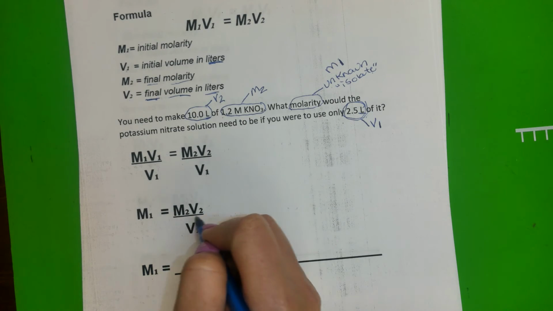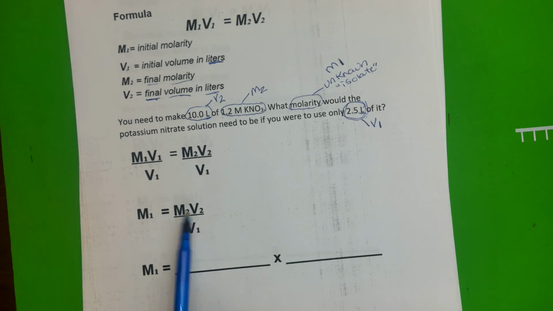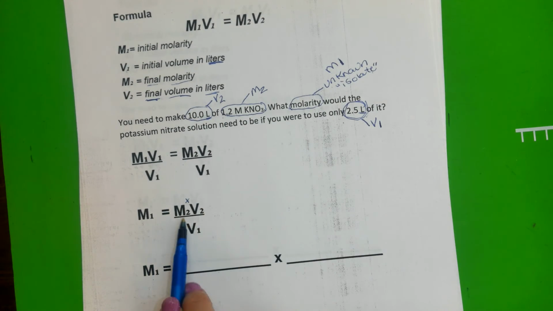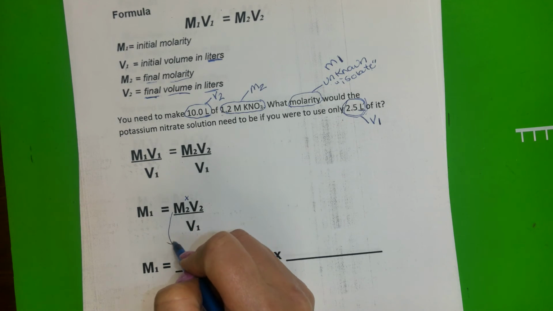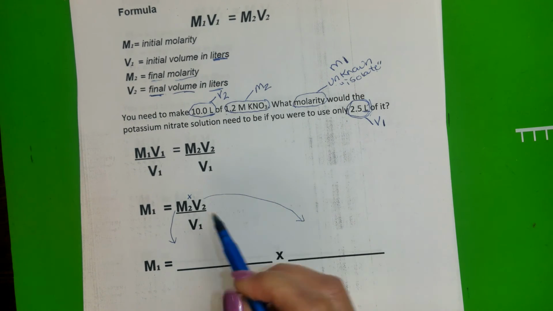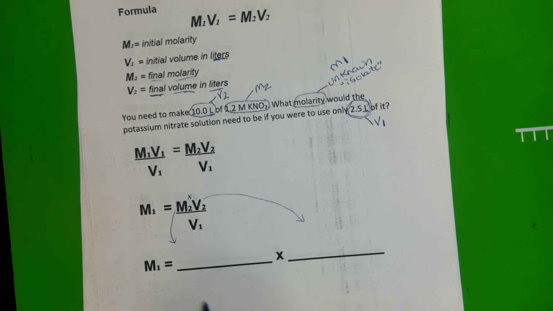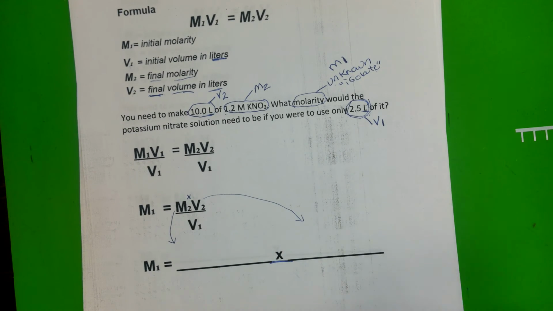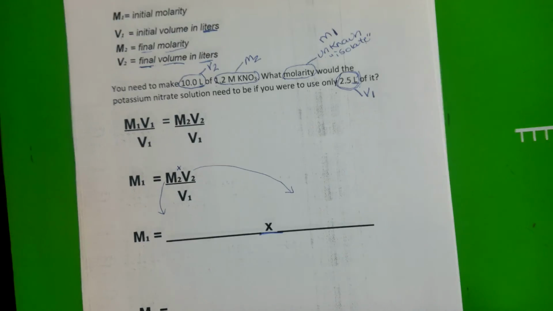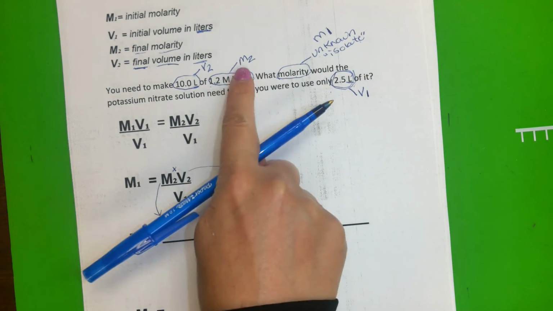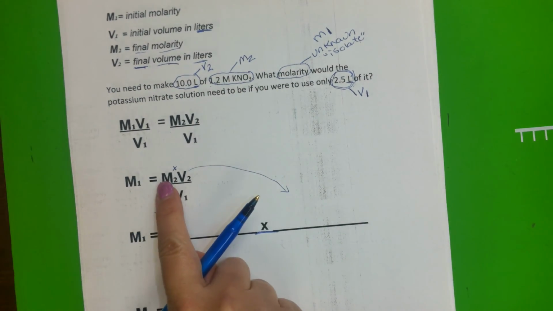All we have to do is plug it in. This is multiplying and this is your division. So you put your M2 here and your V2 here, and then the V1 goes on the bottom. I'll just put a line there so you can see that. Since we already know what they are, we start with M2.